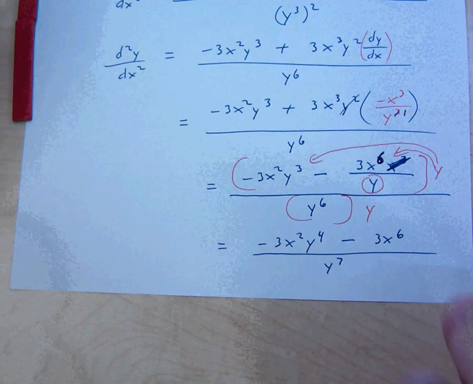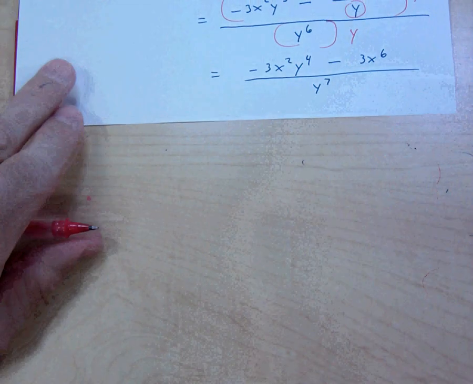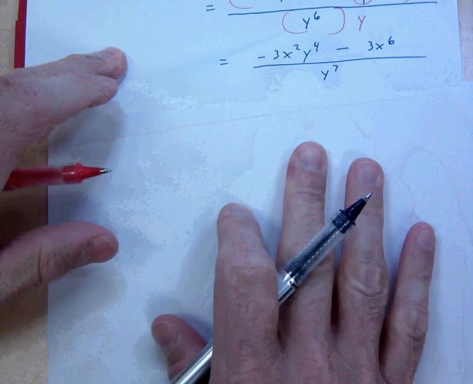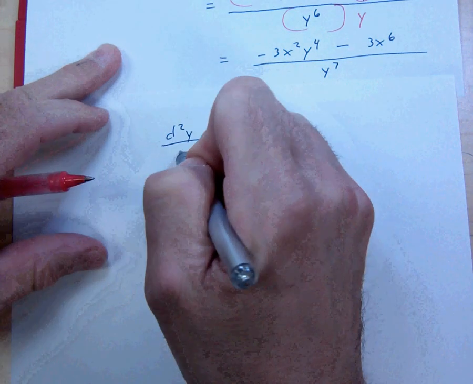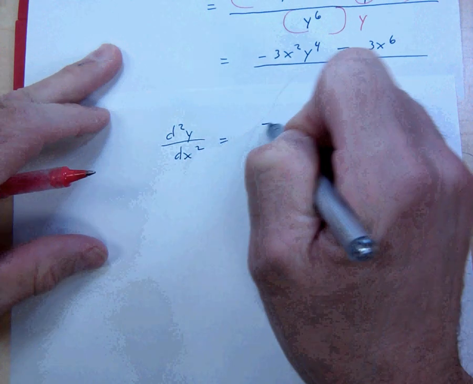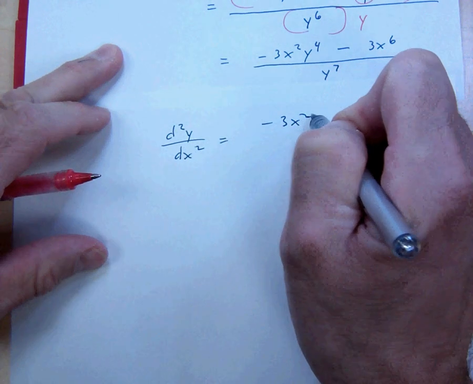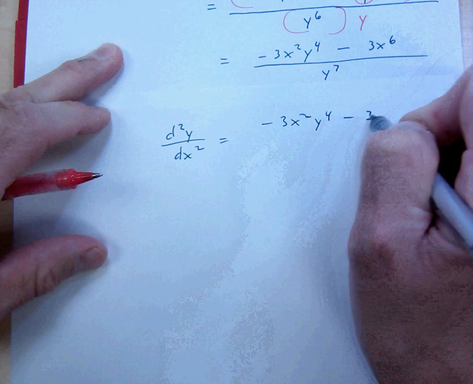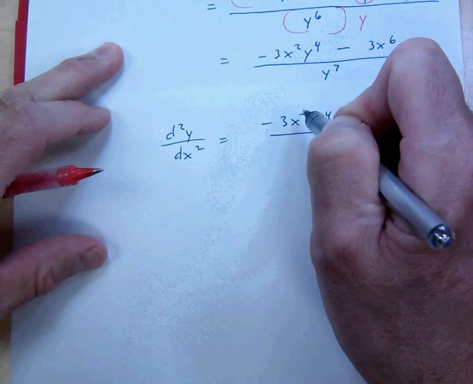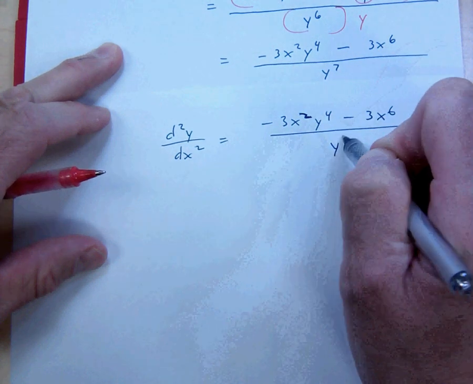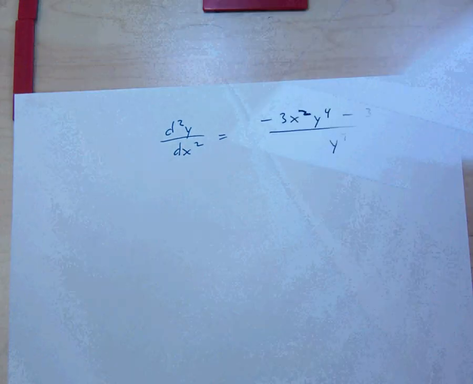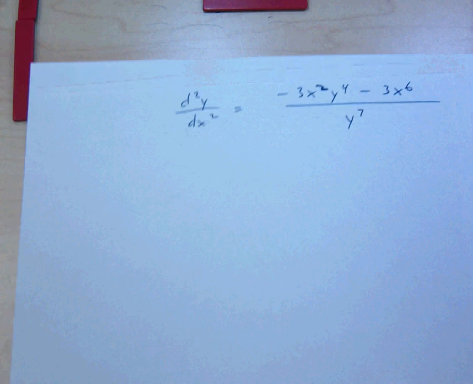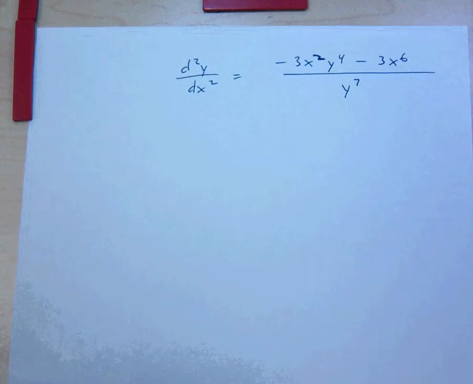Okay, so going to a new piece of paper here. Let me just copy this down. Okay. All right, now you might think you're going to stop there, and maybe sometimes you will, but let's see if there's anything else I can do.